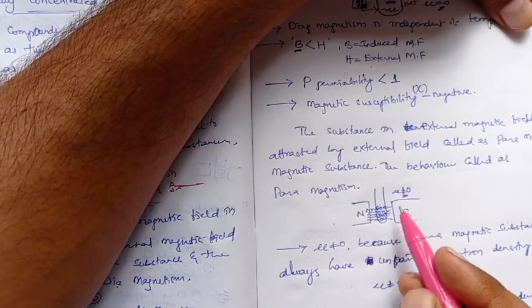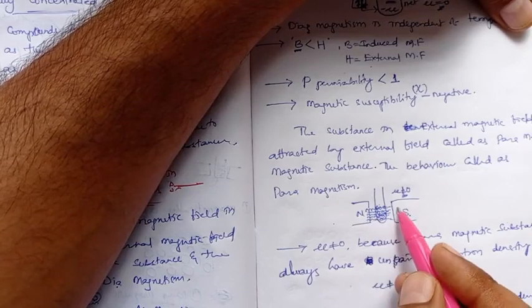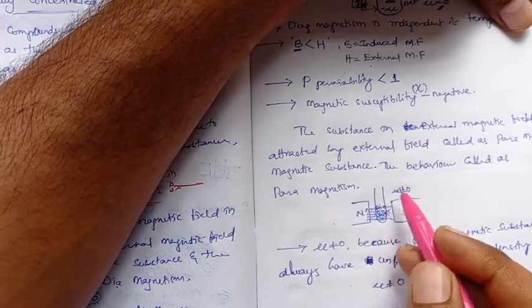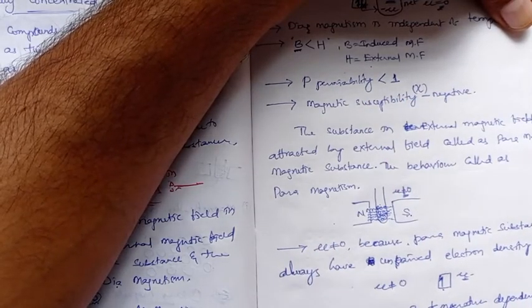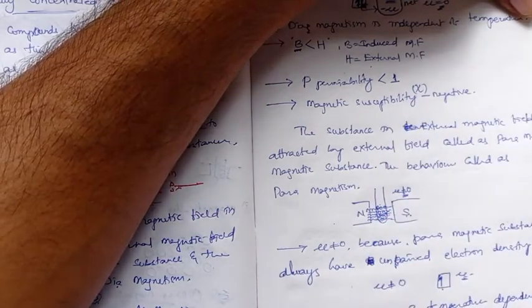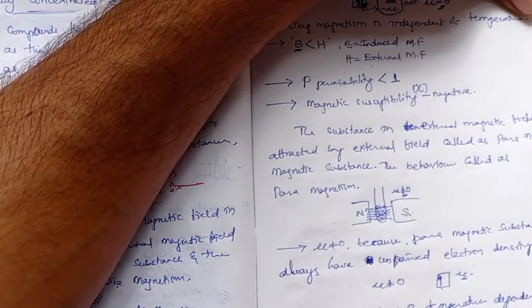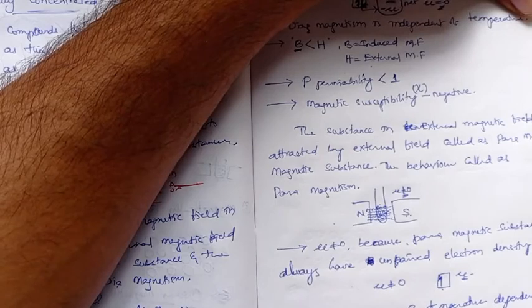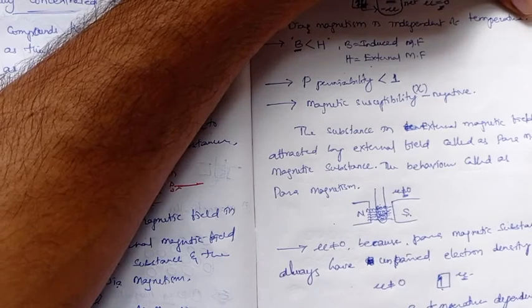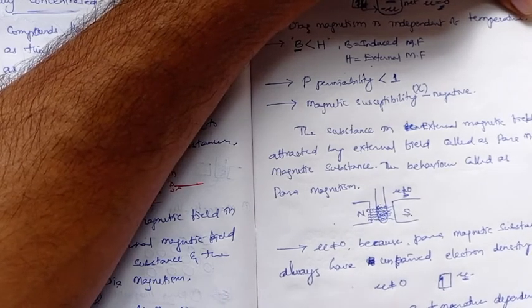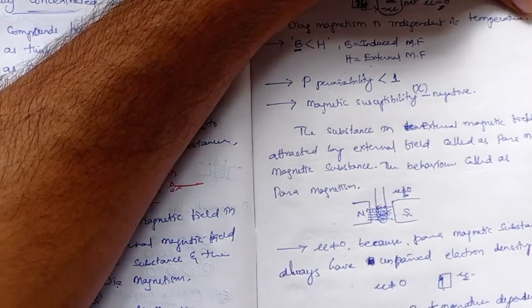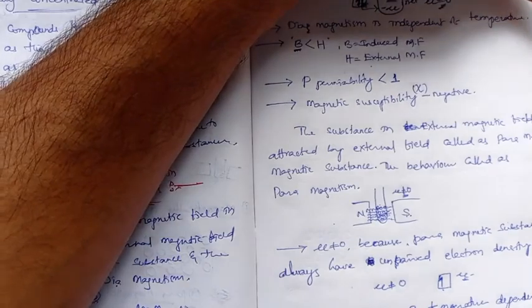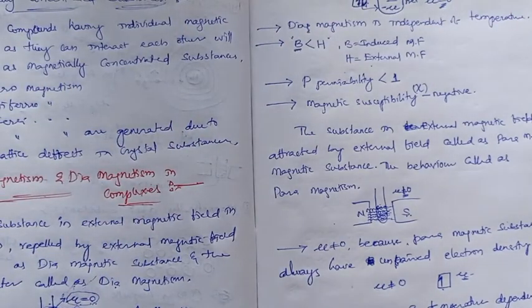As the magnetic waves flow along the substance, its induced magnetic field will be more. That is the difference between diamagnetic and paramagnetic. The permeability of a paramagnetic substance is also greater than 1, and the susceptibility will always be positive. It has positive susceptibility values, right?